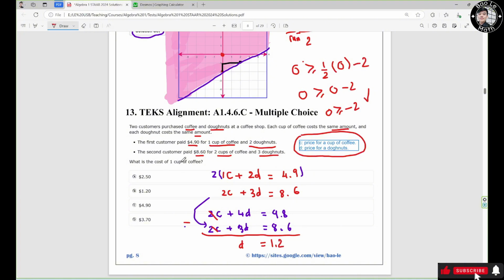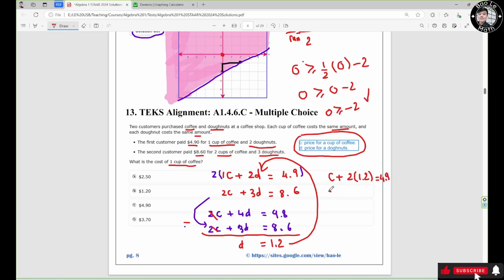But the question asks you to find the cost of a cup of coffee, right? So you need to substitute 1.2 for D back into the first equation to solve for C, right? So you have C plus 2 times 1.2 equals 4.9.